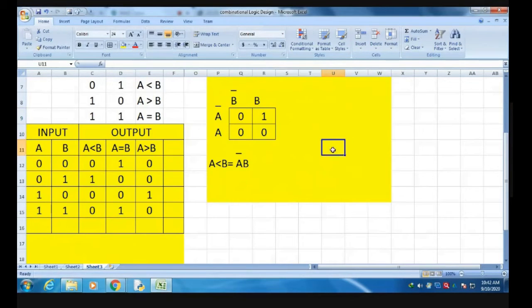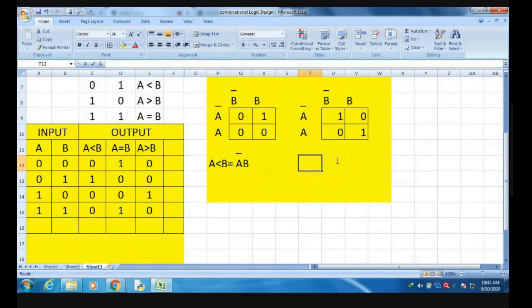Now the second equation, for A equal to B. Here this is A, this is A bar, this is B bar, and this is B. Okay. Here 0 0, 1 0, 1 0, 1 0, 0 1 1 1.